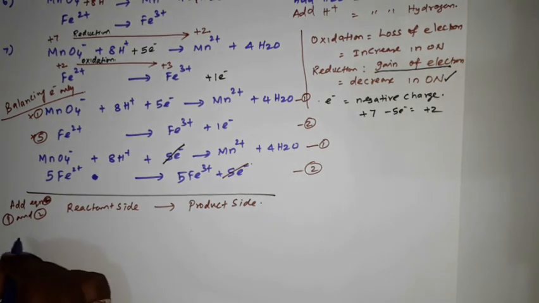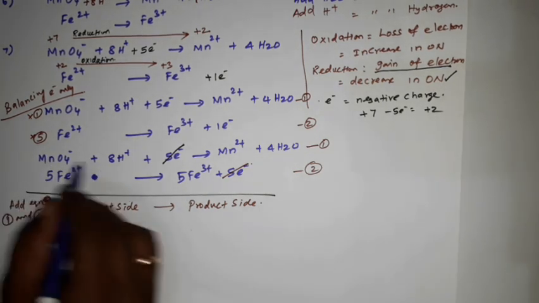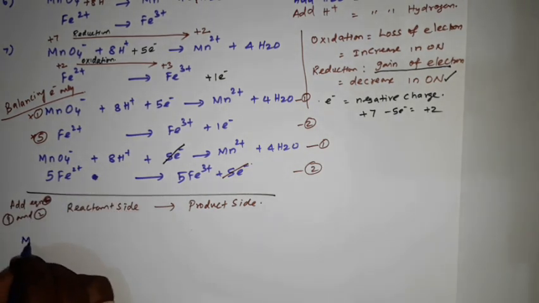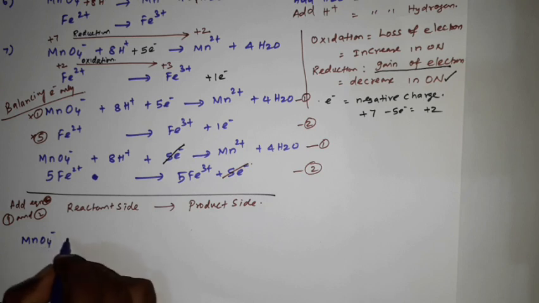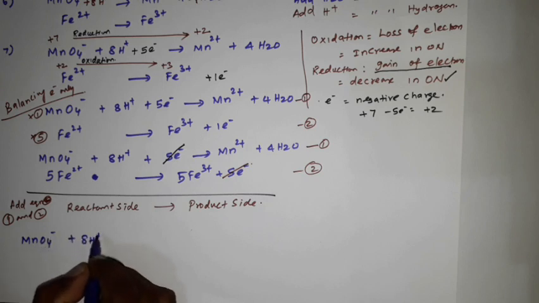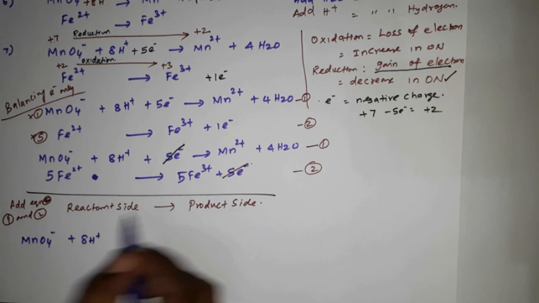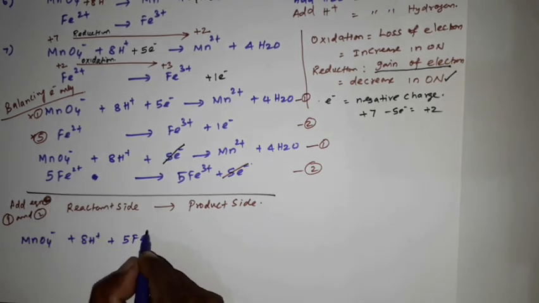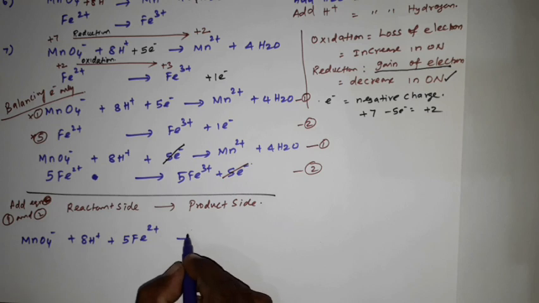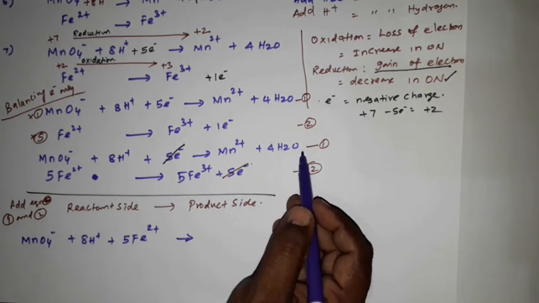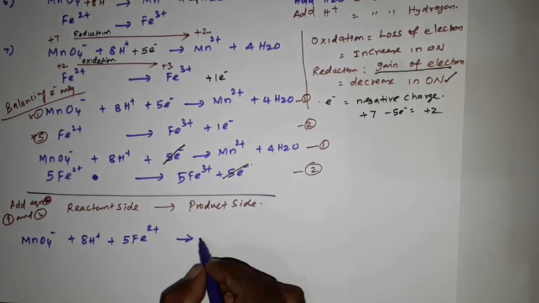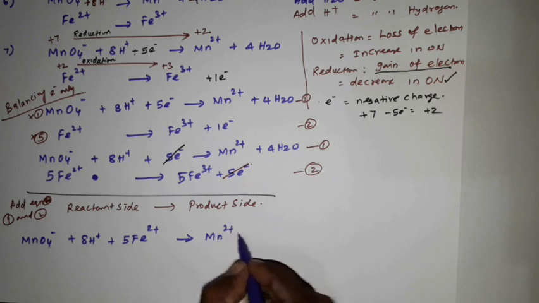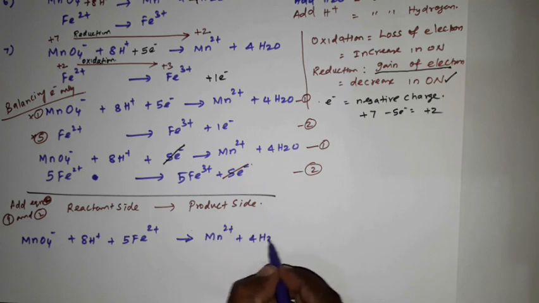And finally we will get, so I am writing equation 1 on the reactant side, MnO4 minus plus 8H plus. Now come to equation 2 reactant side, only 5Fe2 plus. Okay, gives. Now come to equation 1 product side, Mn2 plus 4H2O.